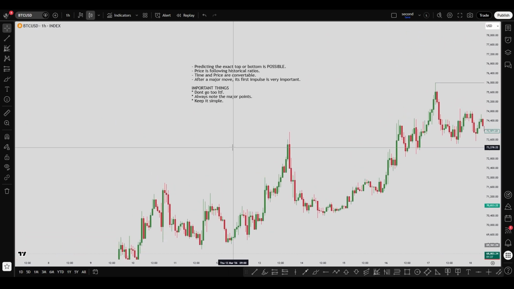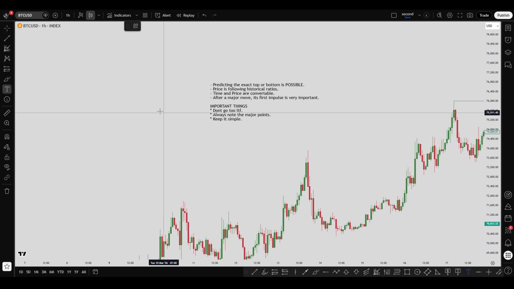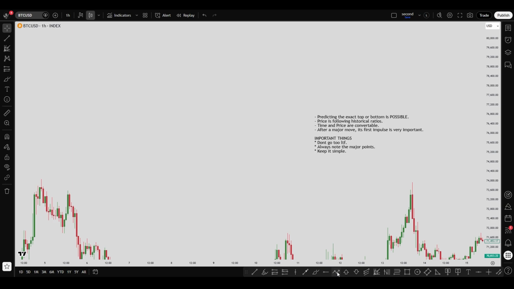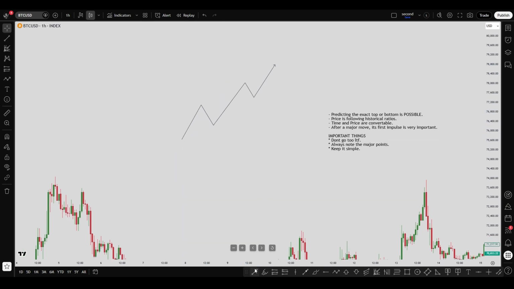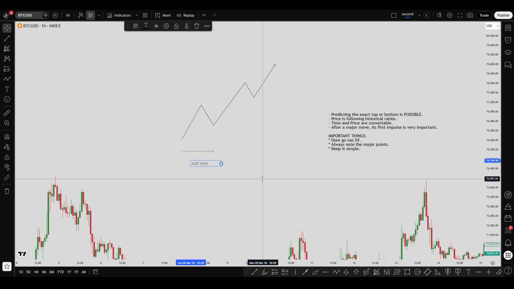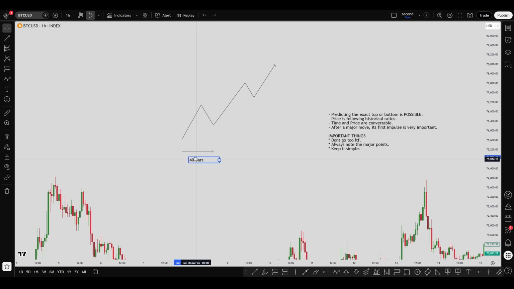Time and price are convertible. What I mean by that? So if you have, for example, all right, I'm gonna draw an example here. If you have this distance and the distance is, for example, 40 bars, you can convert this distance into price. So what do I mean by that?